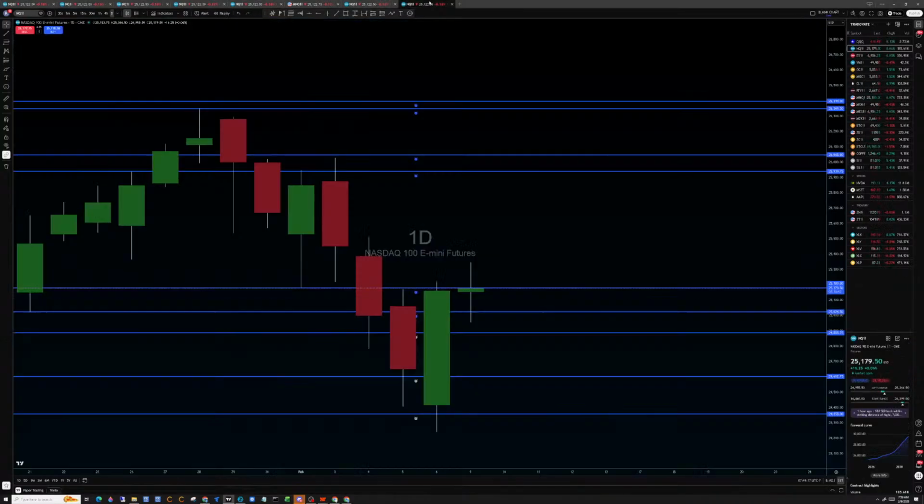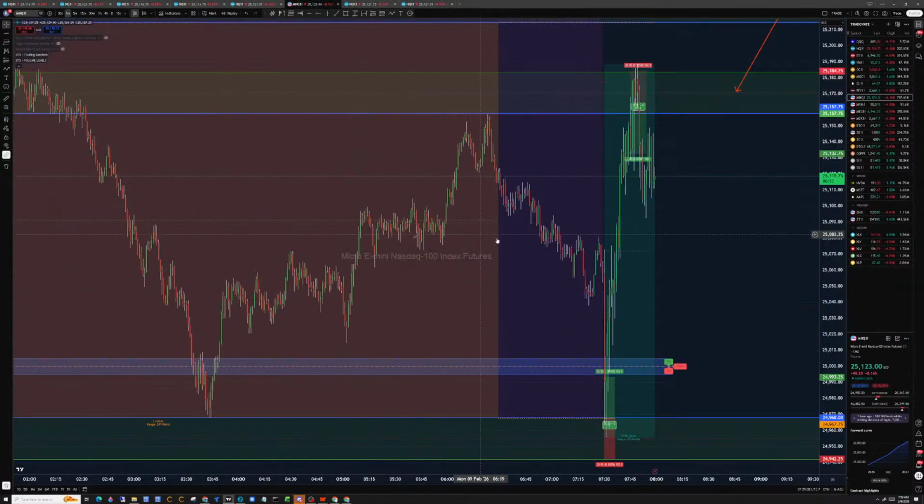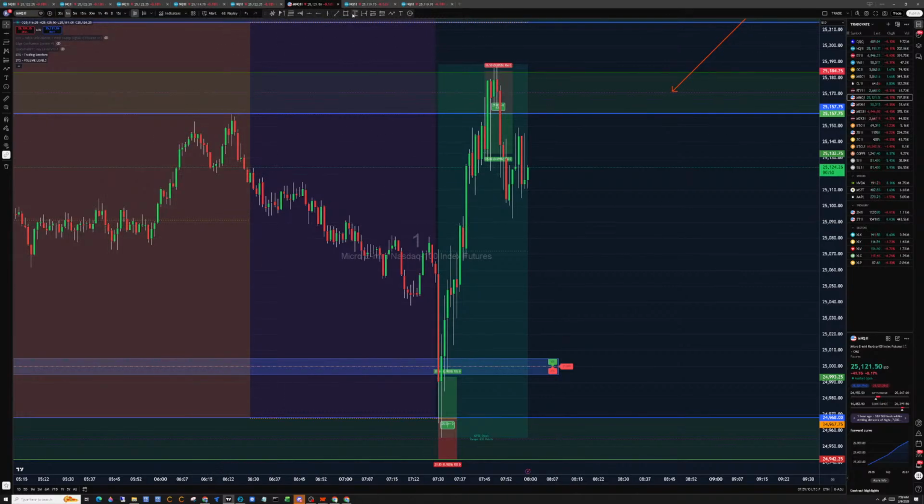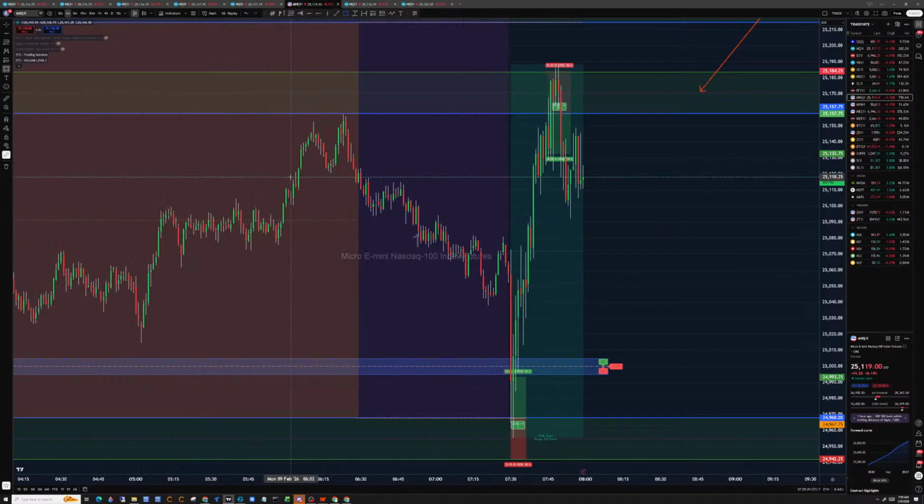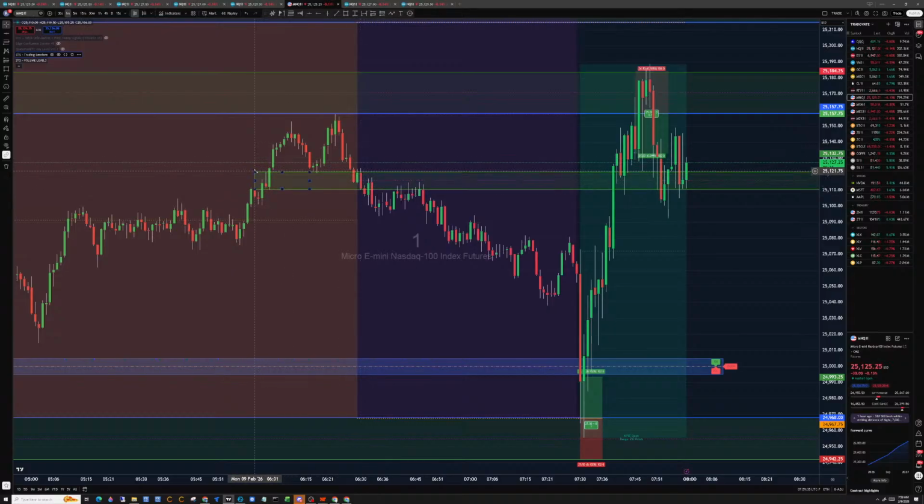119. So 119, 120 area. Isn't that crazy? Just looking at the candle, you'd never know that there was that much volume inside of there.